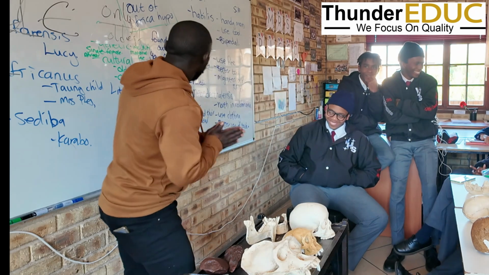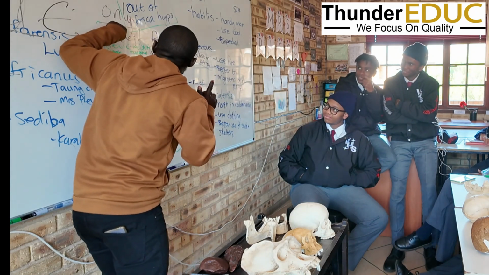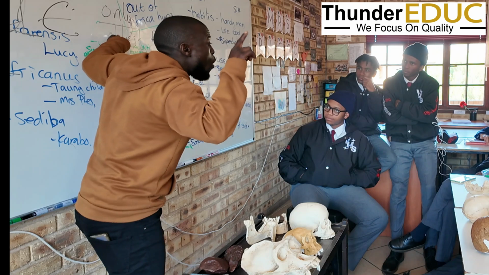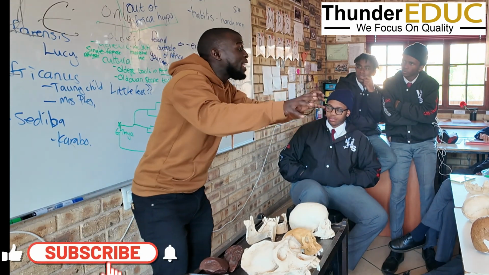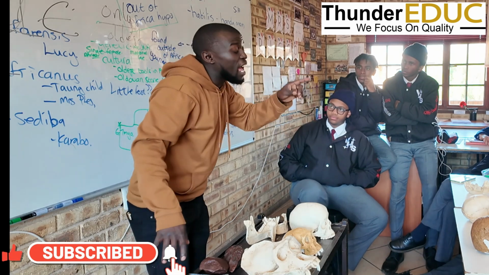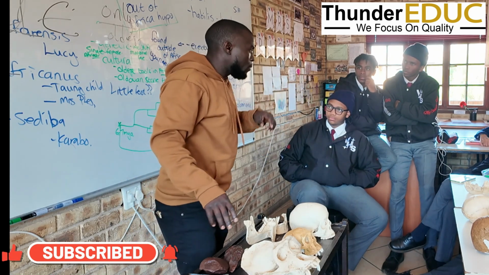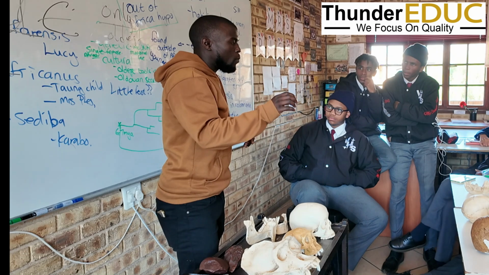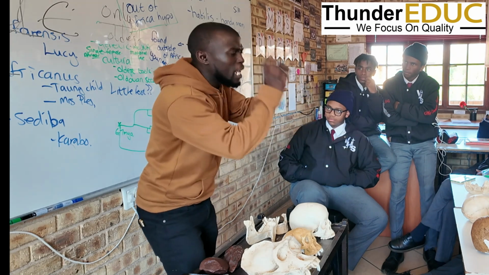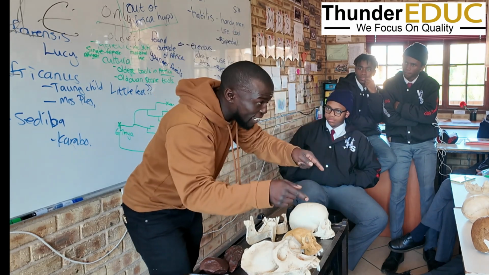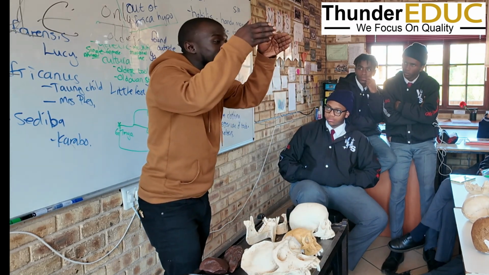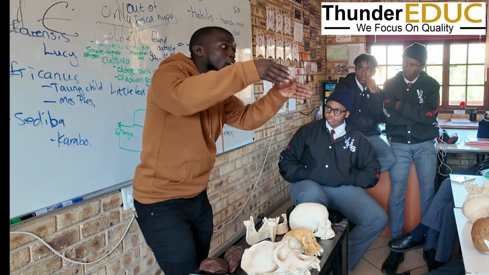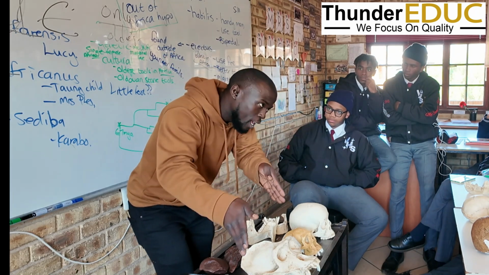So the oldest fossils of Homo erectus and Homo sapiens were found in Africa. That's why I usually ask people: Tim White is Homo sapien. He discovered Homo sapiens, and he himself is Homo sapien.